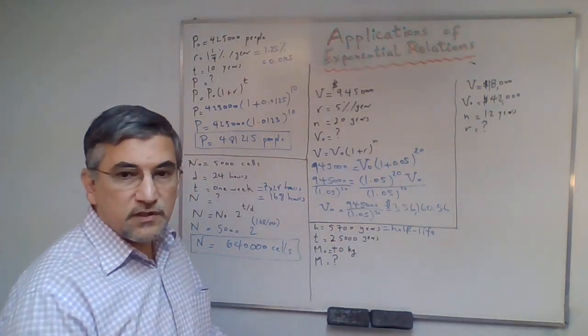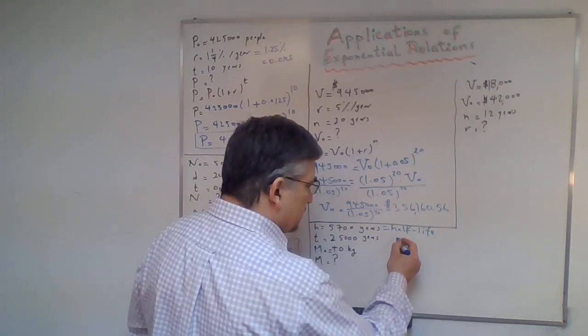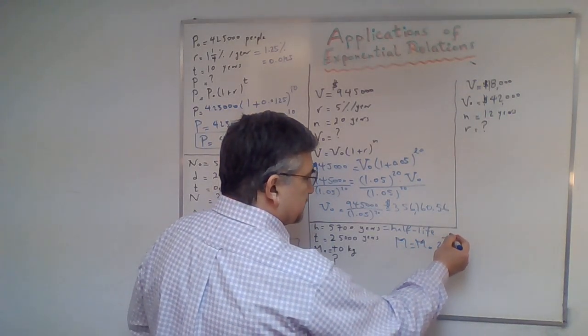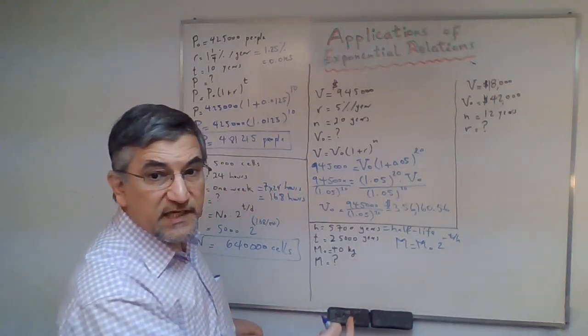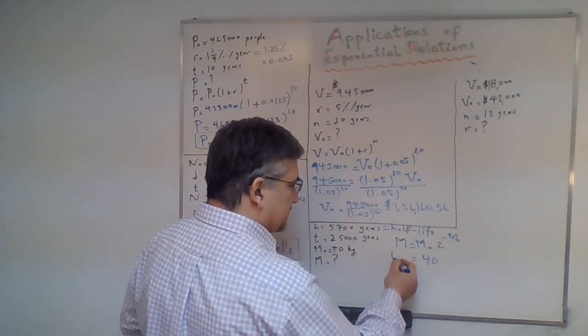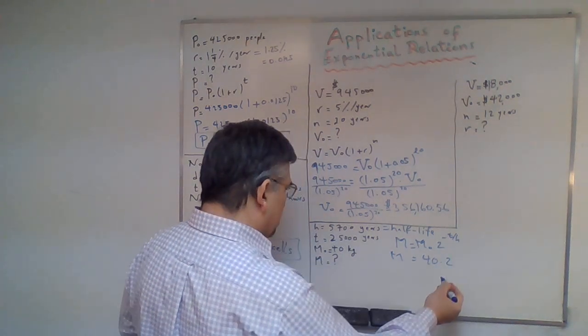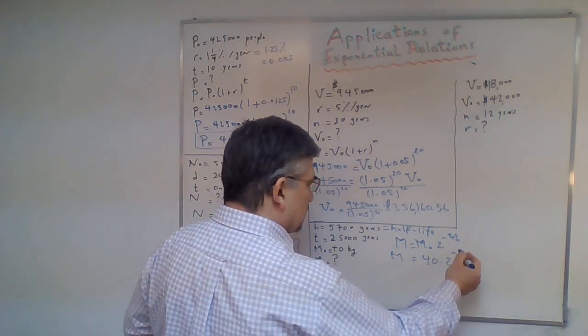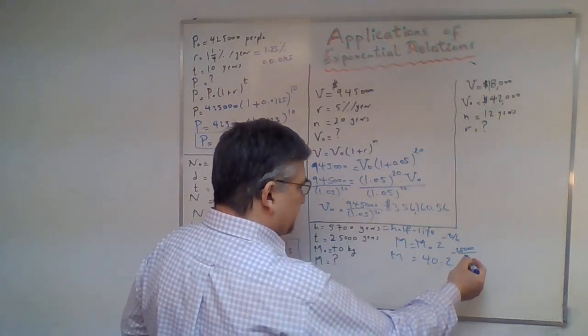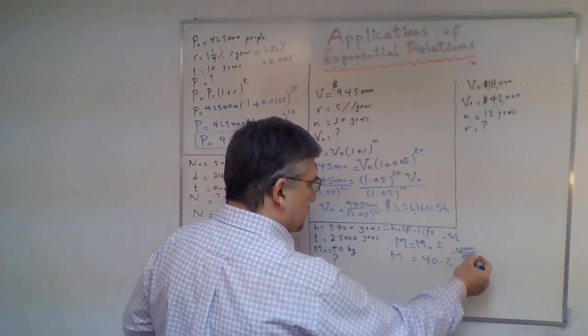So we are going to use the half-life formula. We're going to write down m equals m sub 0, 2 to the exponent of negative t over h. The exponent is negative, as you notice. So I plug in 40 for m sub 0, and then the exponent is negative 25,000 divided by h, half-life, which is 5,700.